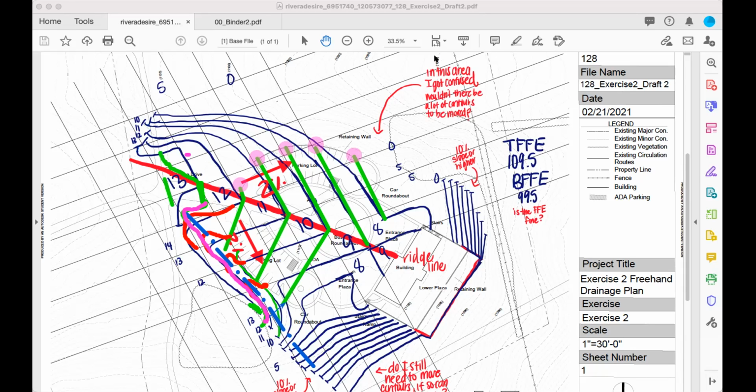Okay. Yeah, I want to try to address your question about the BFFE. So suppose that we are at 98 actually here. Then this one would be 98 coming out of your backyard. So your next contour will be 97, and you'll just need to check whether you're connecting the 97 to the proposed 97 at the back.